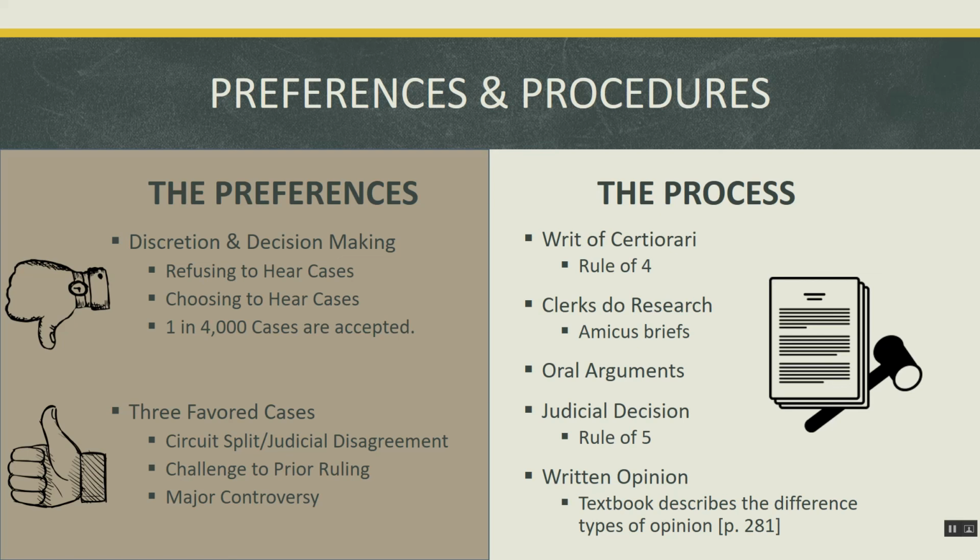And in order to issue this writ of certiorari, the Supreme Court has to satisfy the Rule of Four. The Rule of Four basically says that the Supreme Court will not hear any case unless at least 4 of the justices on the court say that they are interested.